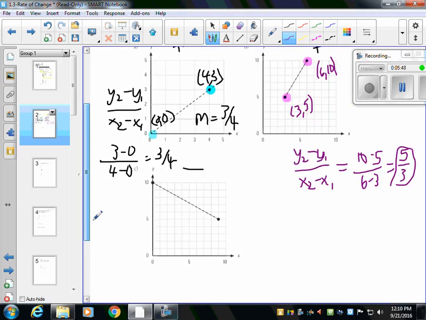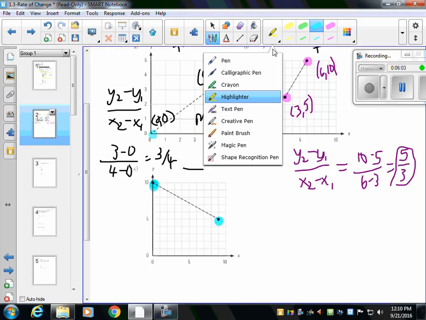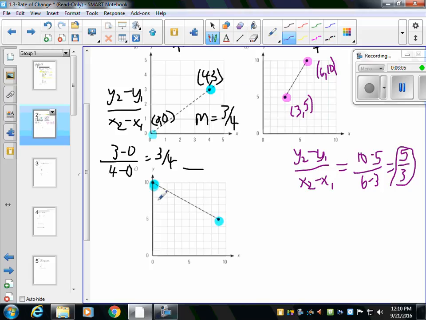Okay. Now when I go about and do this last one, I would just have to look at the points. That's 0 and 10 and 9 and 5. So the points are 0 comma 10 and 9 comma 5.